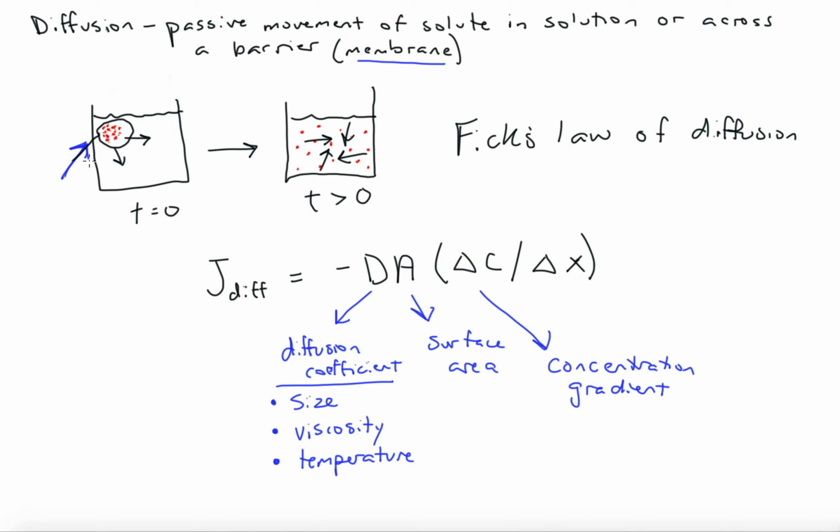If this was a very concentrated dye, the gradient would be larger between the dye and the fresh water, and we would have faster diffusion, because the concentration gradient would be larger, the difference between the dye and the non-dye areas.